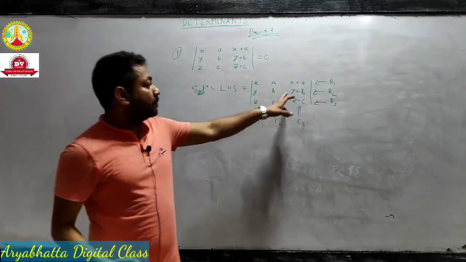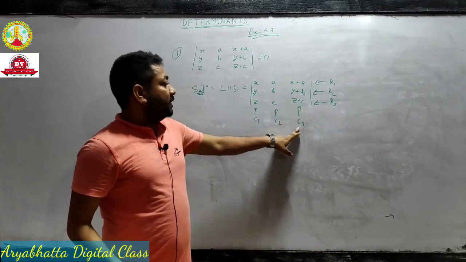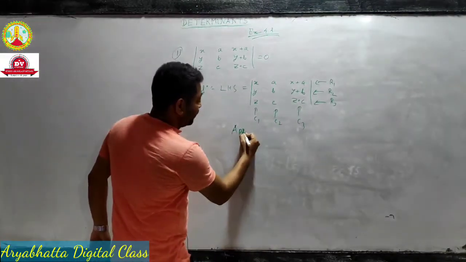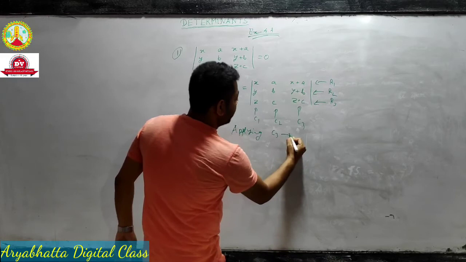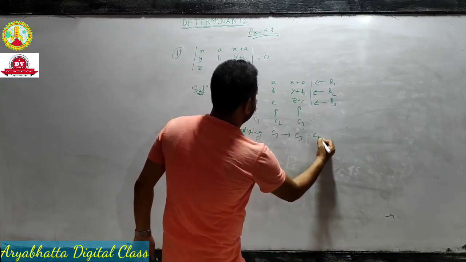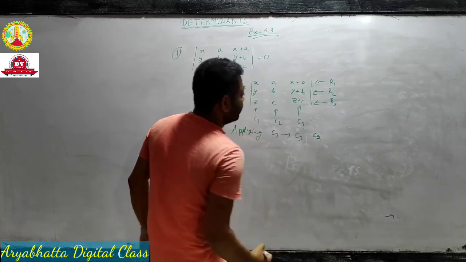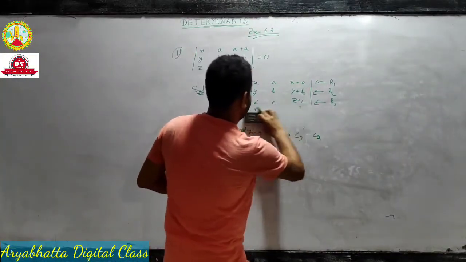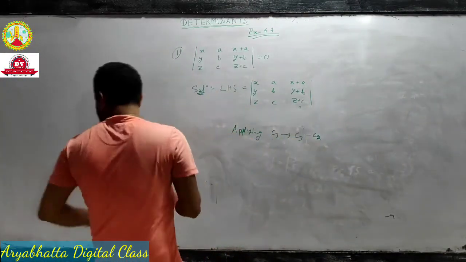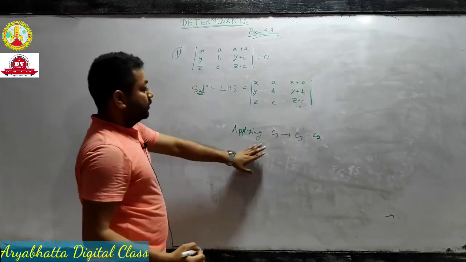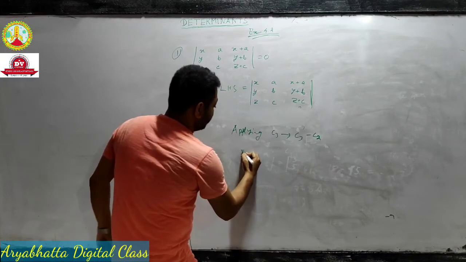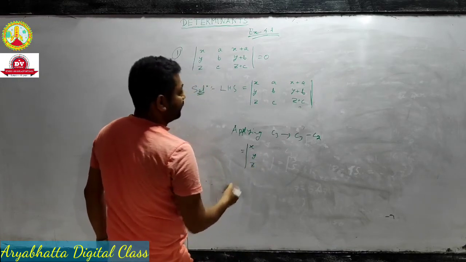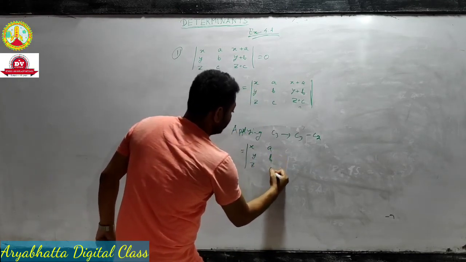If we apply C3 tends to C3 minus C2, using property number 6, then C1 does not change: x, y, z, and C2 does not change: a, b, c.